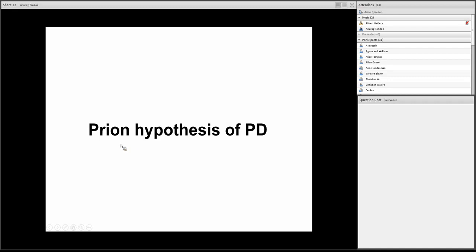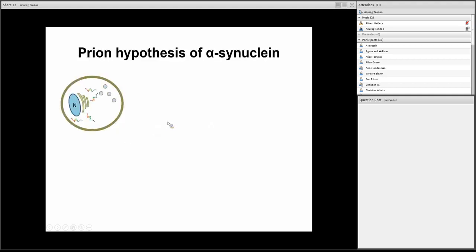Although we know that Parkinson's disease doesn't spread from one person to another, the hypothesis has nevertheless been proposed that synuclein may be an infectious particle that can spread from cell to cell. If you look at this neuron, you've got normal components of the cell, and these rainbow colored structures I've drawn here are alpha-synuclein in their normal state.